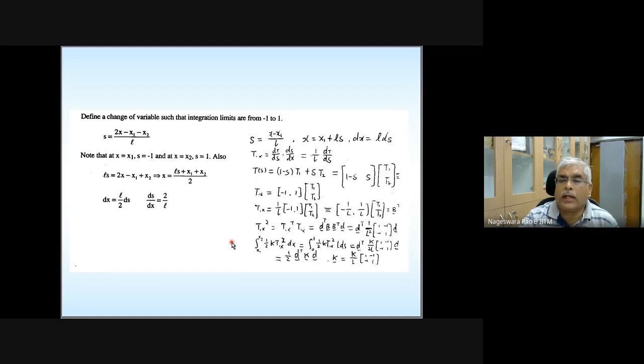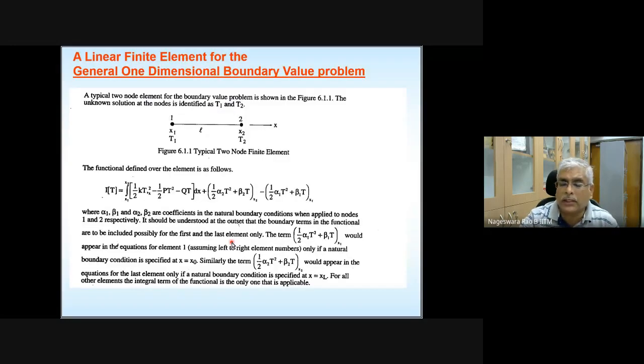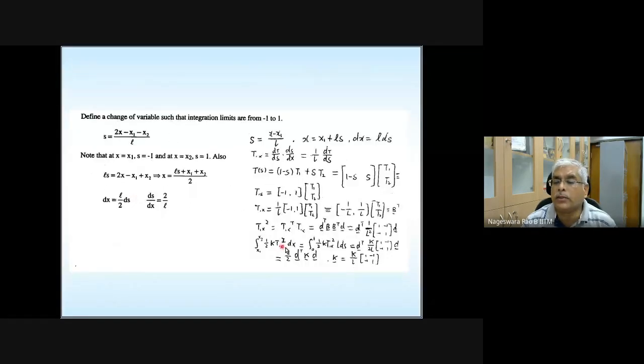Once you take note of it, I don't know whether you are doing it or not, but please take my suggestions seriously. Once you take a note of all this, you can substitute. So this term is what is shown here.